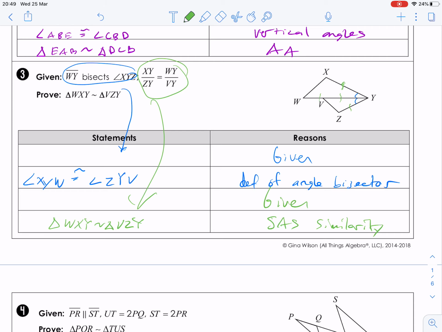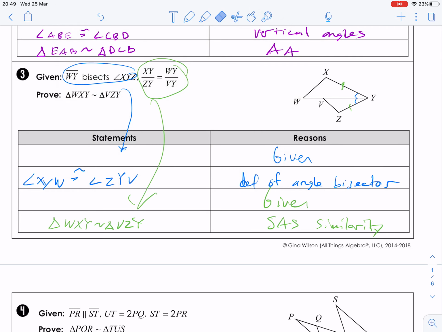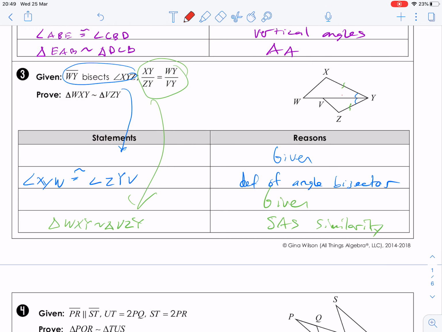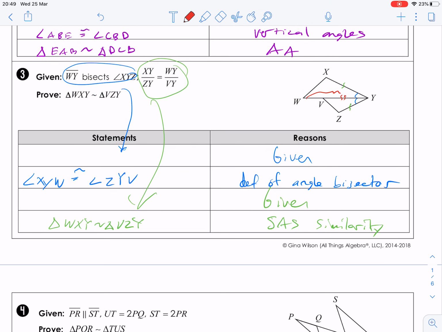Let's write this a little bit nicer so you guys can understand it. So it's saying this is similar to this, and it's saying this, VY, is similar to WY.